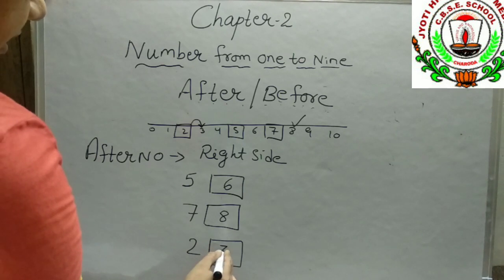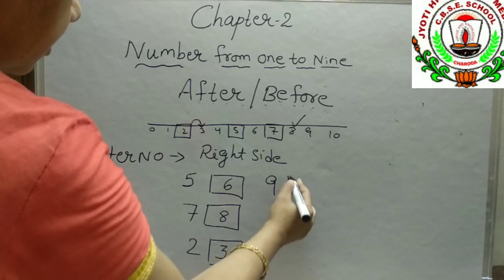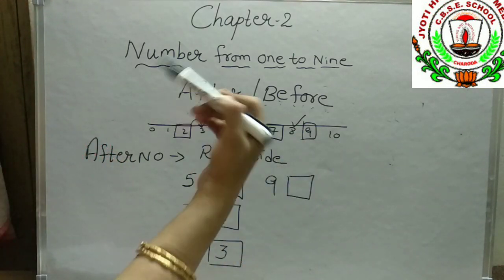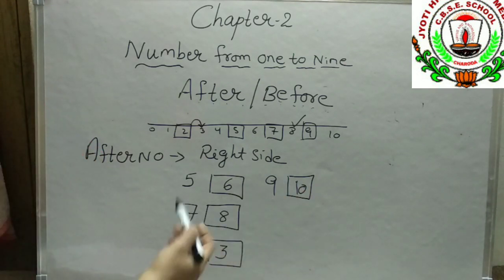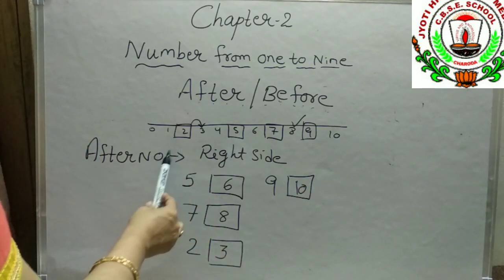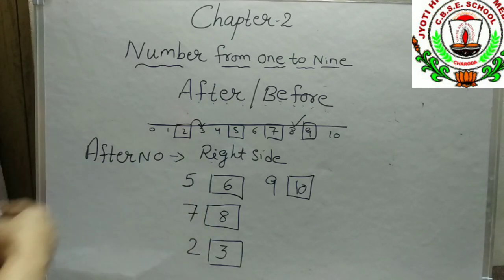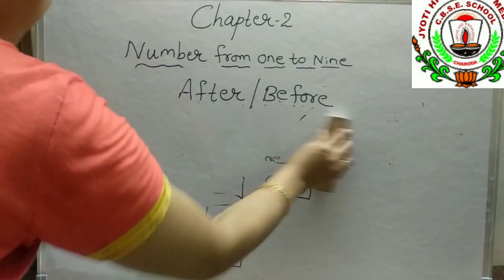Suppose I have taken 9. Which number is after 9? It is 10. The number which comes on the right side of the given number is known as the after number.